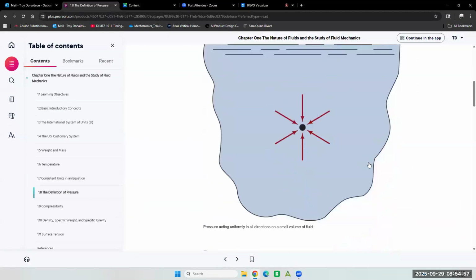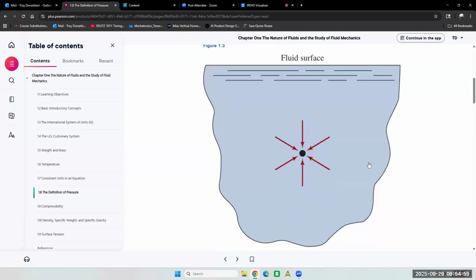So they have fluid pressure we're going to talk about, and then there's just pressure due to a force. Like me standing here, my body weight is acting on the concrete, acting on the bottom of my feet, and that's creating pressure. So any force that's distributed over an area is going to be a pressure.